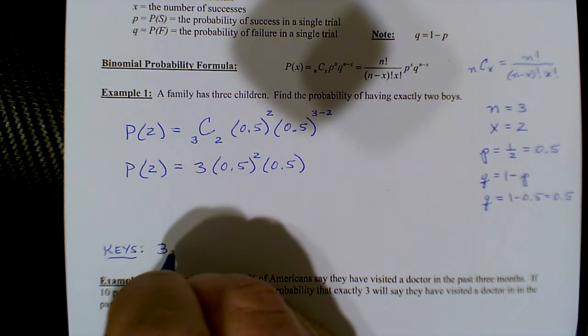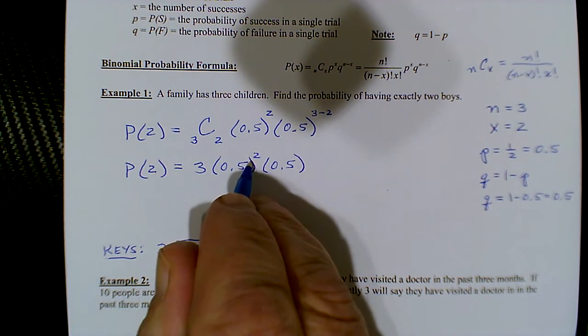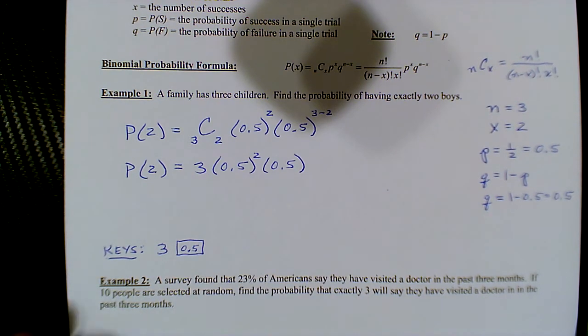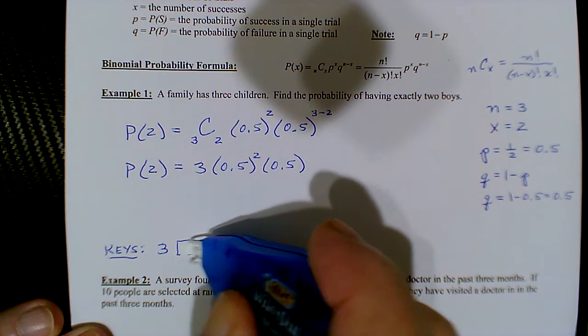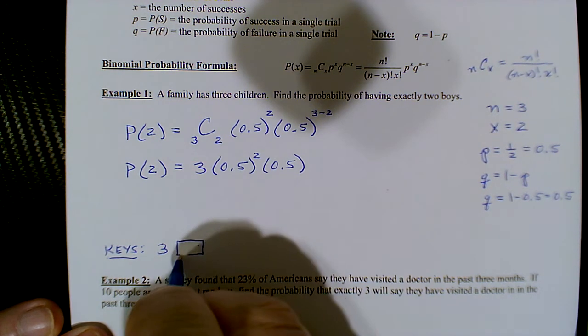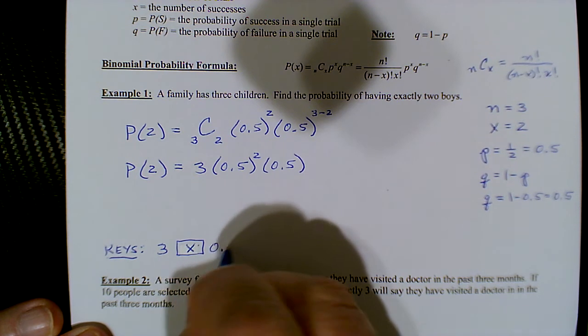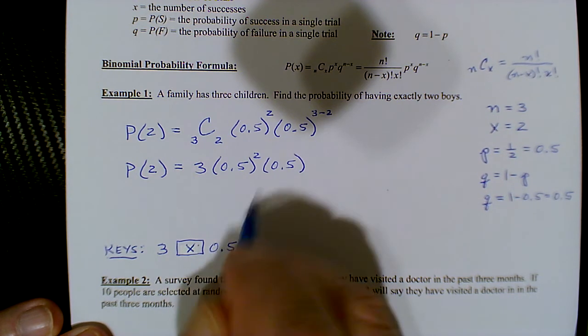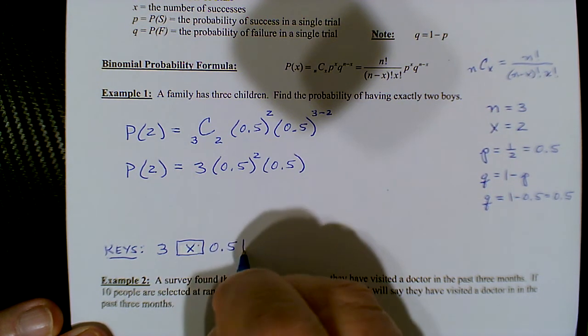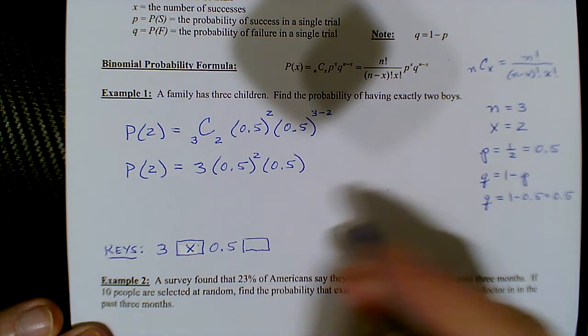Just enter 3, then enter times, then enter 0.5. You could hit the x squared key because it's just being squared, but generally it's going to be raised to a higher power than 2.